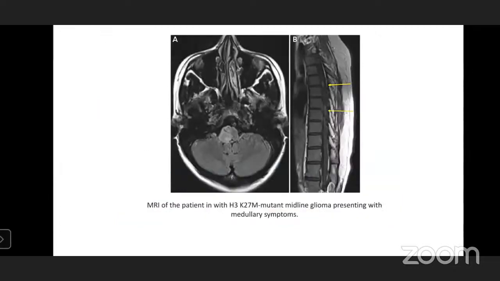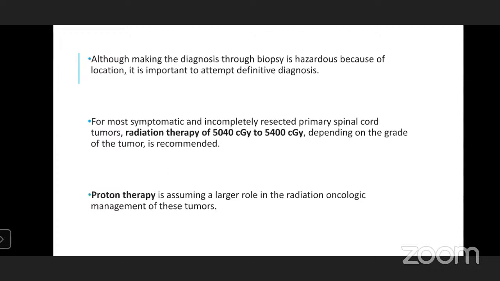So this image shows a young patient with H3K27M mutation. There is expansion of the right medullary region with thoracic metastasis. Although making the diagnosis through biopsy is hazardous because of location, it is important to attempt definitive diagnosis.